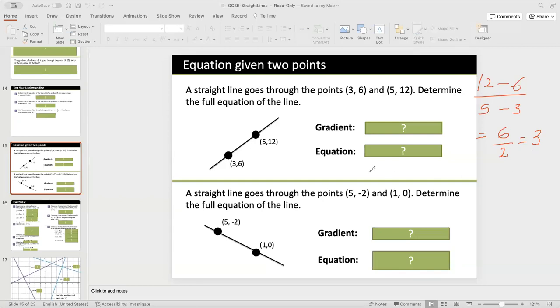Then it's going to be what? Y equals 3x plus c. Can you see? Then it goes through 5 and 12.